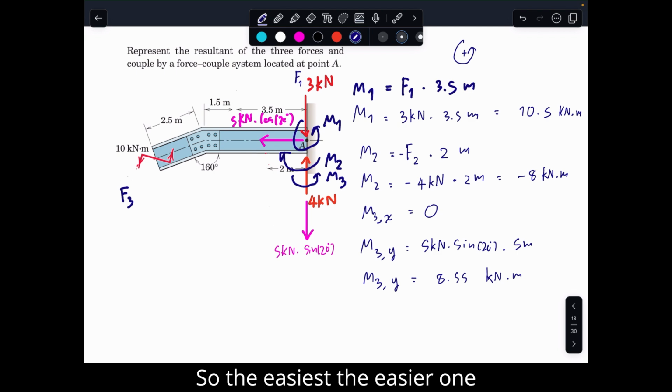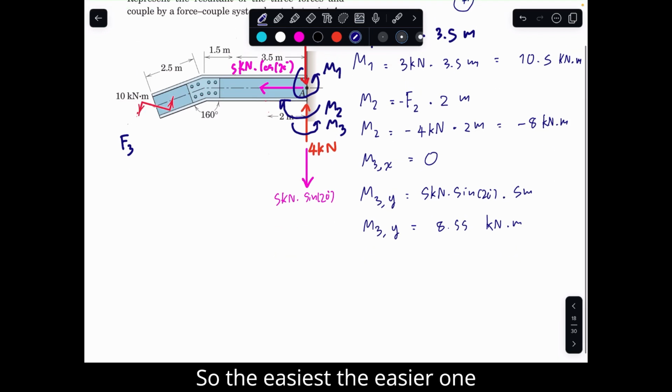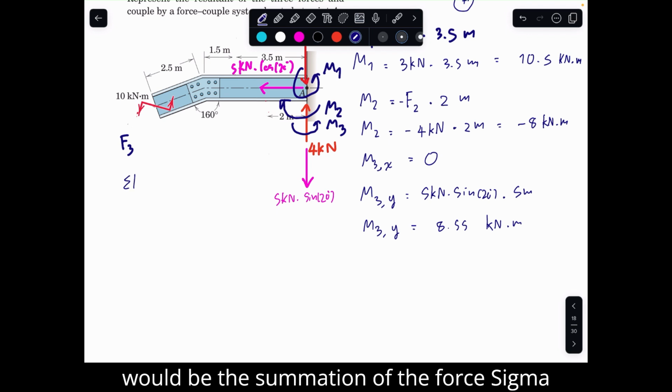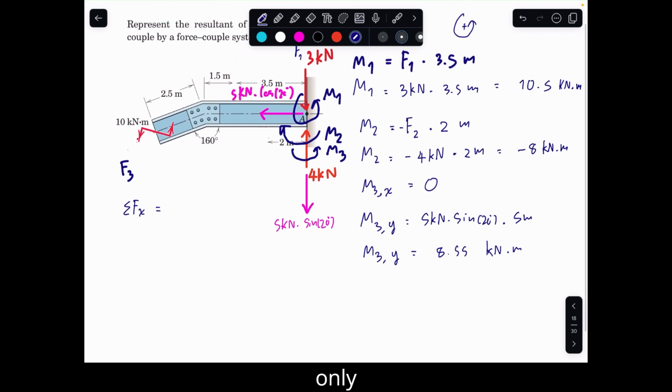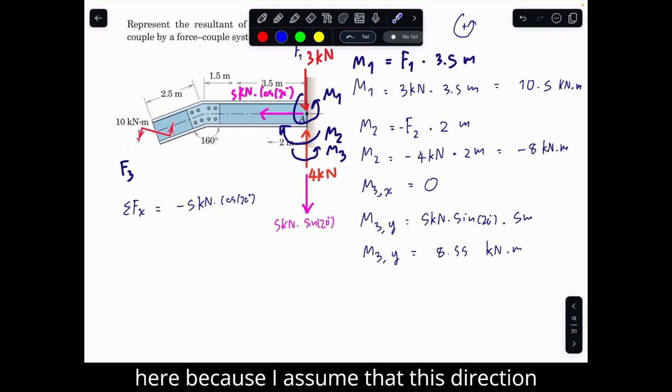The easier one would be the summation of the force, sigma Fx, the total summation of the force in the x direction, which is only minus 5 kilonewton times cos 20. Minus sign here because I assume that this direction is positive.